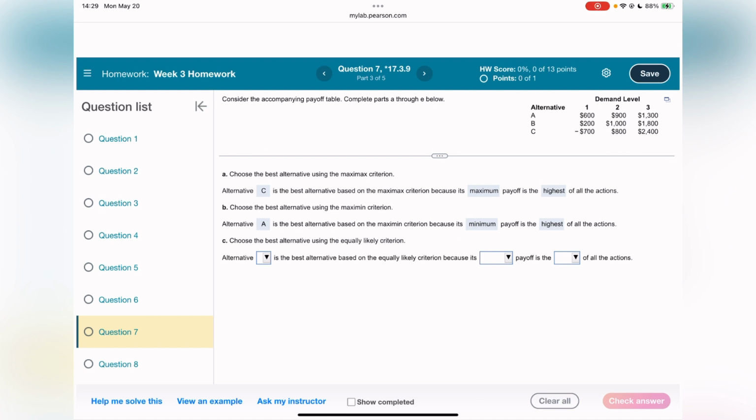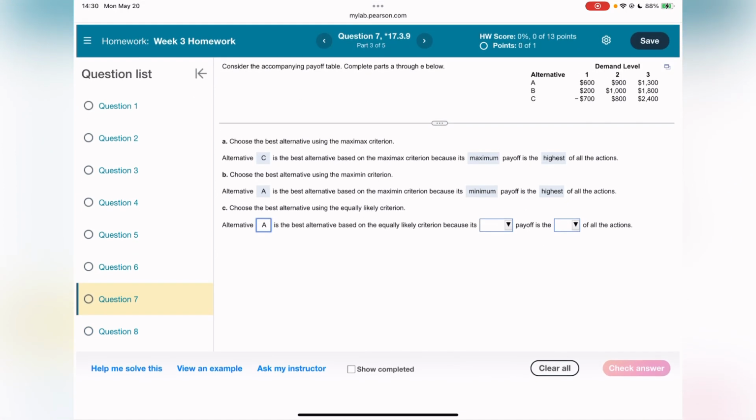So at this point, I'm going to say the highest average payoff is going to be A in my case. No, I'm sorry, in my case it's going to be B. I have 1,000, the highest one.